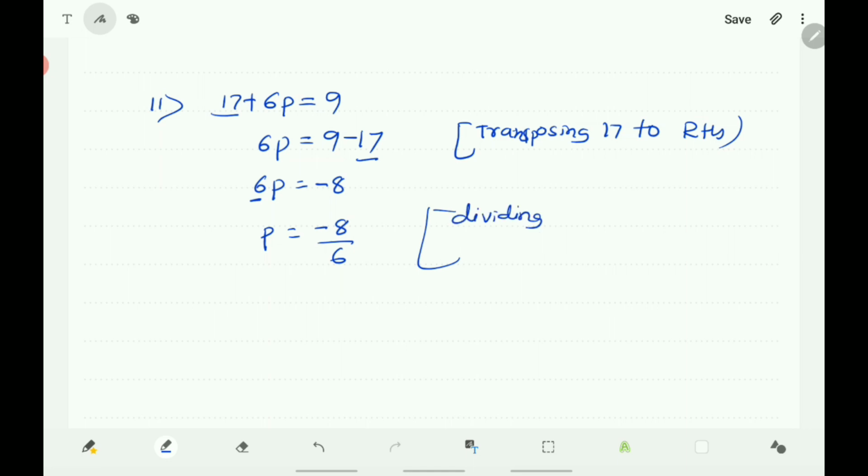Dividing LHS and RHS by 6. So you can cancel here. P is equals to, 2 3s are 6, 2 4s are 8, it is negative 4 by 3. That is the solution here. P is equals to minus 4 by 3.